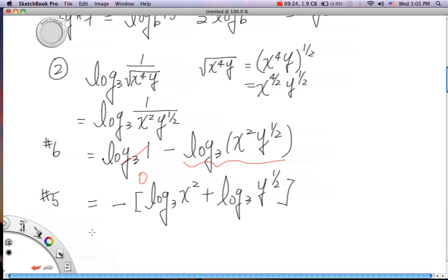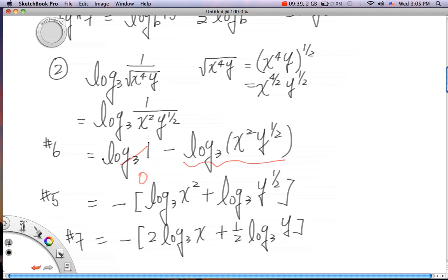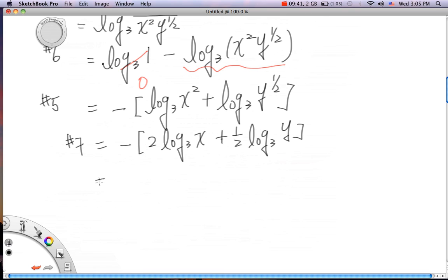And now you're going to take rule number 7 and say that's equal to negative 2 log base 3 of x plus 1/2 log base 3 of y. And then finally you can distribute the negative sign over, so negative 2 log base 3 of x minus 1/2 log base 3 of y.